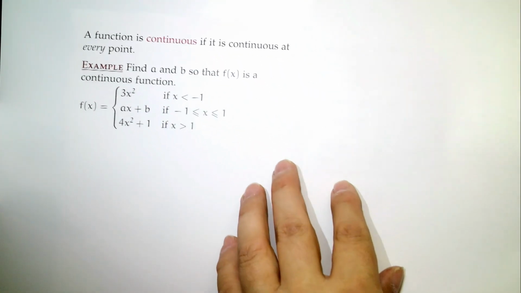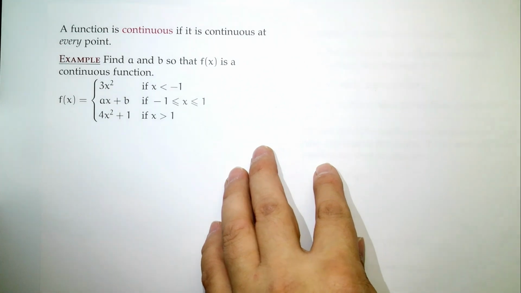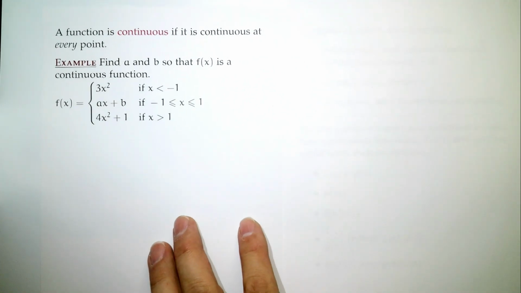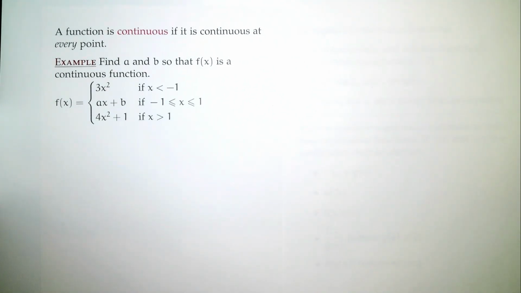So we say that a function is continuous if the function is continuous at every point. So one of the things we might want to do is say, let's make it a continuous function. So here's a nice example. Find the values a and b so that the function f of x is a continuous function.